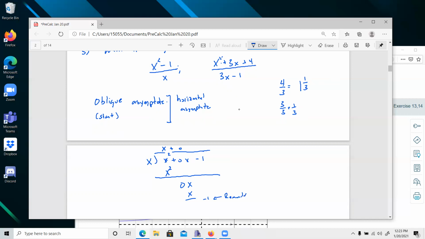So we could rewrite this, and that is equal to x minus 1 over x. You can think of this function like this instead, and that'll be just fine.